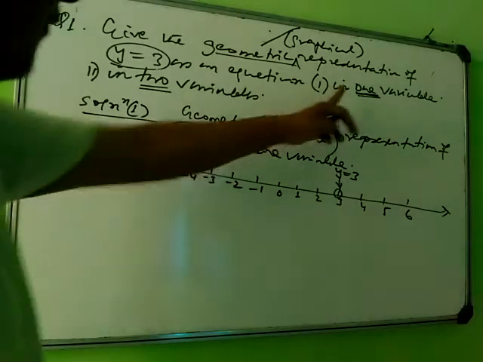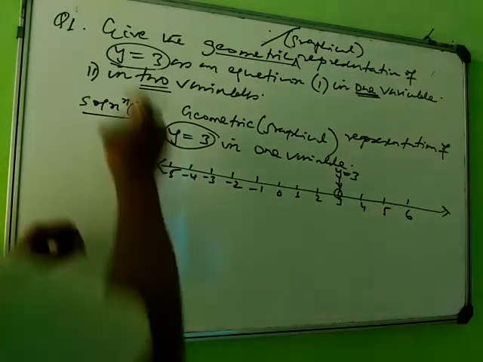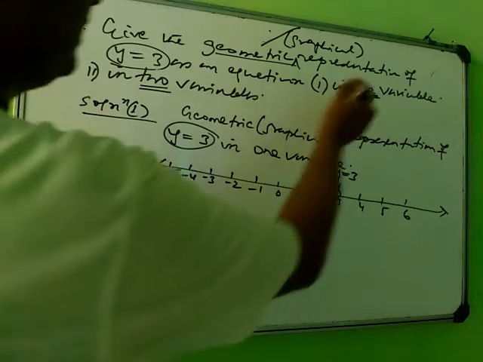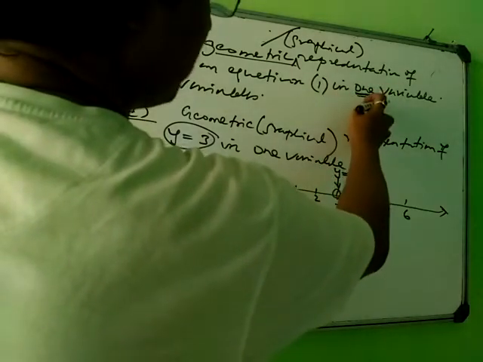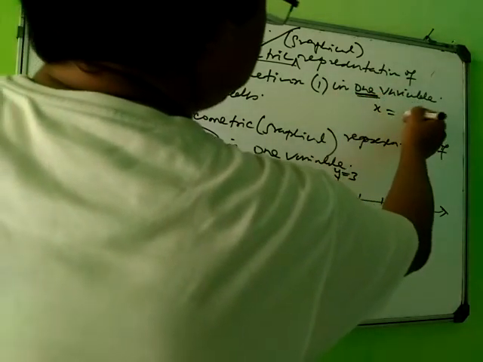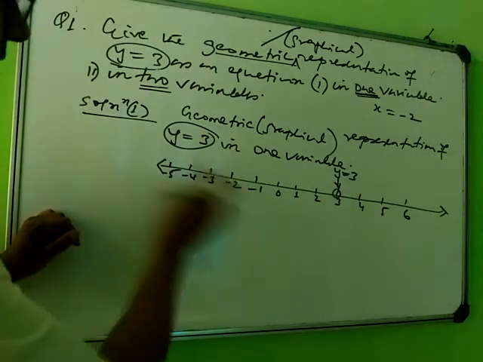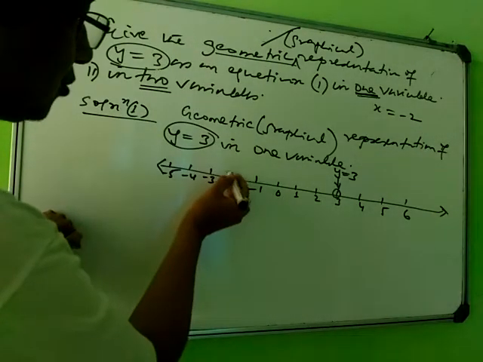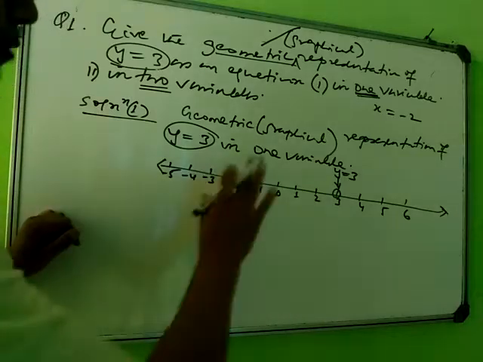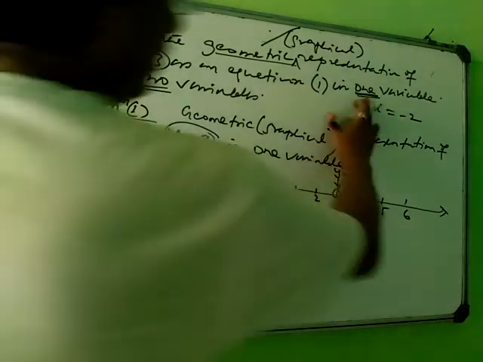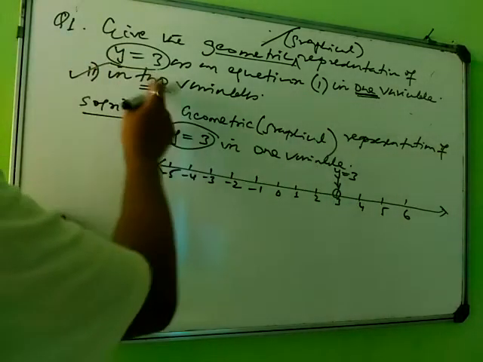So this is your first one. Supposing they have given, for this same one, x equals -2. That time you take this one, so x is -2. Complete. Now coming to the second one, two variables.